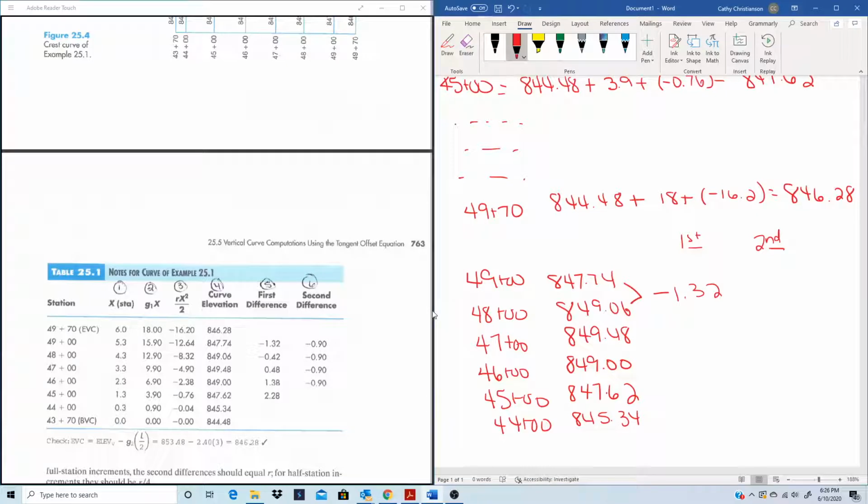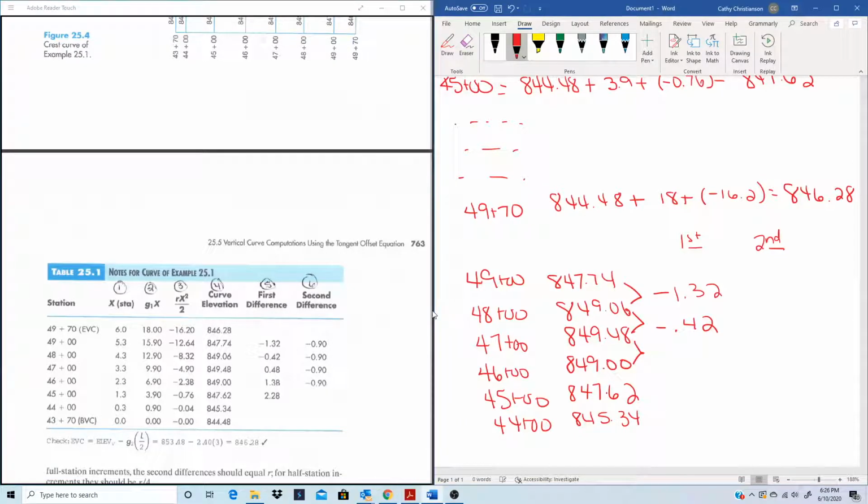Alright, so we're going to do a second difference now between 48 and 47. So I'm going to take the 849.06 minus the 849.48, which will give me a negative 0.42.